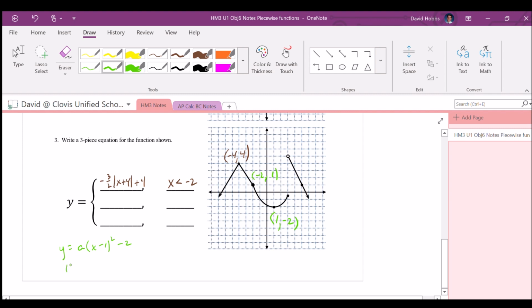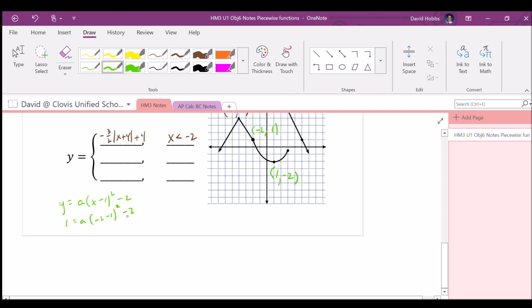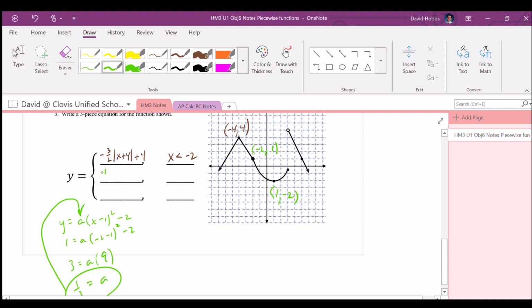If we plug that in, 1 equals a times negative 2 minus 1 quantity squared minus 2. I'm going to add the 2 to the other side. 3 equals a times negative 3 squared, which is 9. So a is 1/3, because 3 over 9 is 1/3. So I'm going to replace the a with 1/3, and we've got 1/3 times x minus 1 quantity squared minus 2.